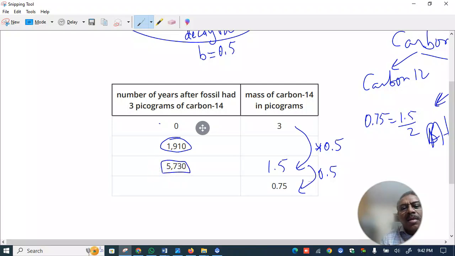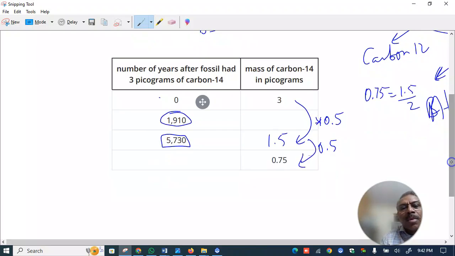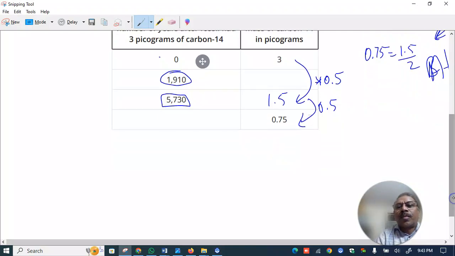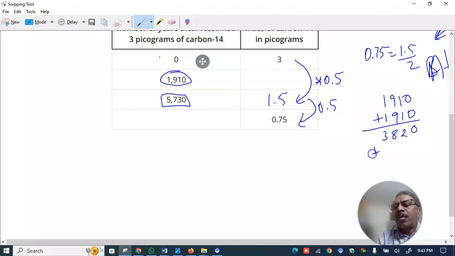Of course, it is less than. 1910 plus 1910, if you add up, you get 3820, and then you add one more 1910 and you get 5730. That means three of these.